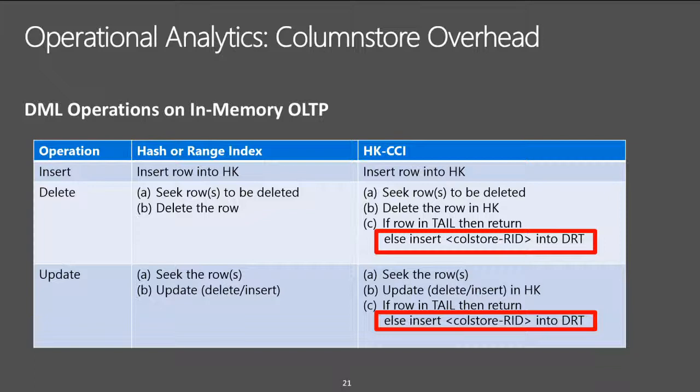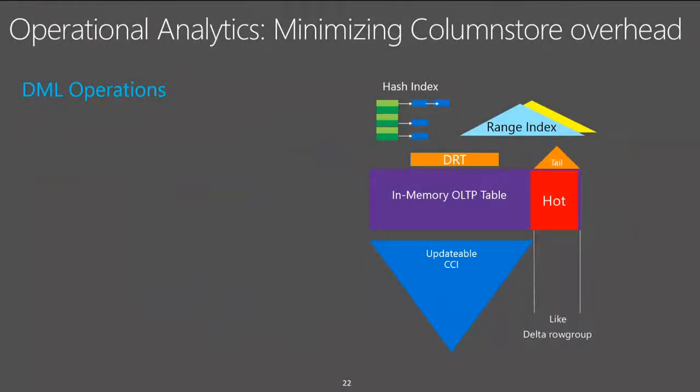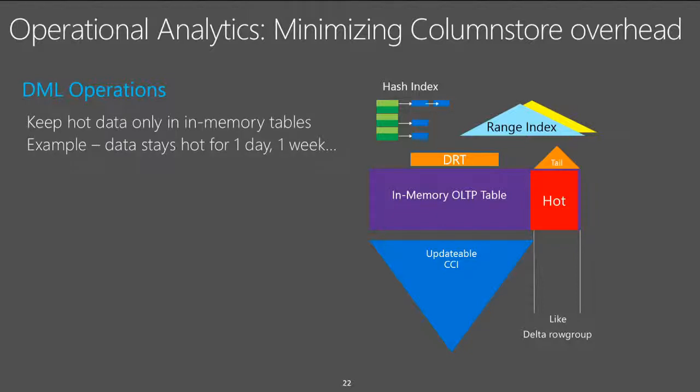So now the question is, how do I manage the impact on my OLTP workload if I create a column store index on my in-memory table, right? What I'm showing you here is the same picture that I had in the previous slide. And what you can do is keep your hot data in Hekaton only for a day or for a week or whatever, right?